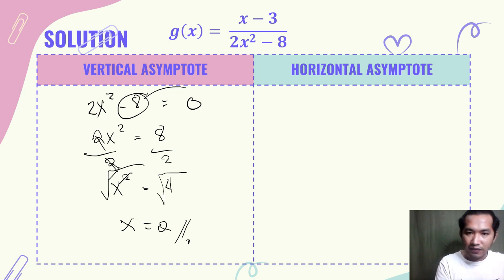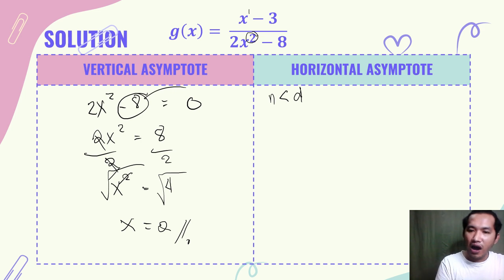For the horizontal asymptote, again, there are 3 conditions. But let's examine first the highest degree of the numerator and the highest degree of our denominator. The highest degree of our numerator is 1. The highest degree of our denominator is 2. So our n is less than the d.